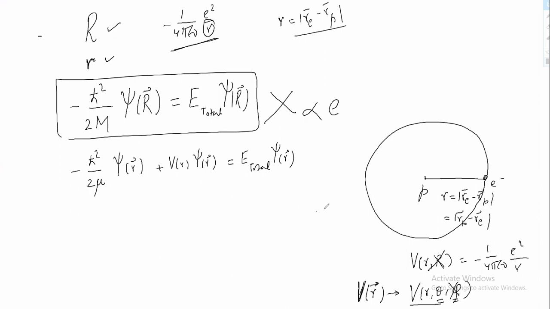If they depend on both of the coordinates, like little r and capital R, then you cannot apply the method of separation of variables, because you cannot write V in terms of r and capital R. Then this formalism won't be applicable. Is it clear?